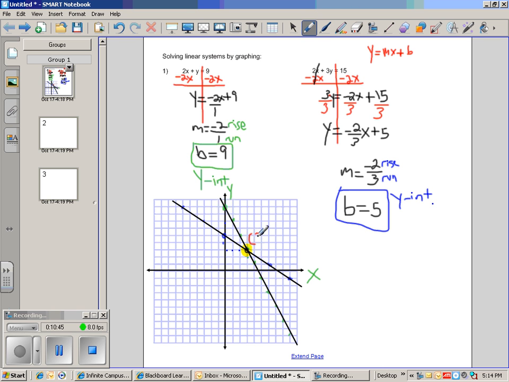So our solution is positive 3, 3. And every time you write your solution, x comes first and then y.